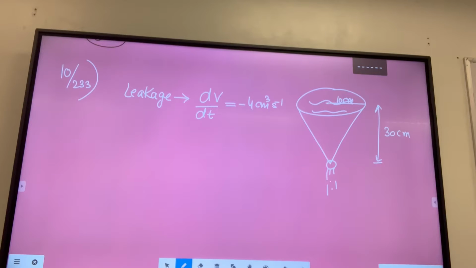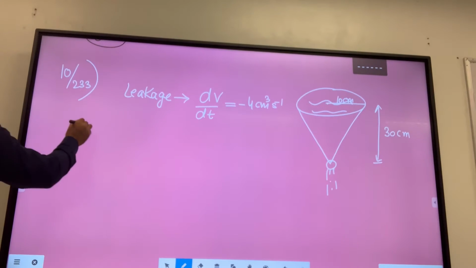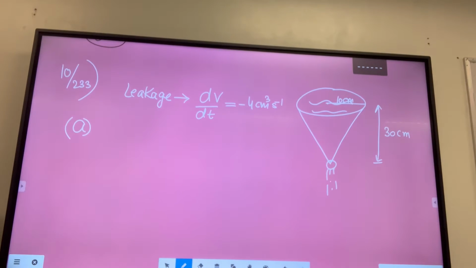Okay. So the first part of this question, part A, we have to show that the volume of the water in the cone, V cubic centimeter, when the height of the water is h centimeter.